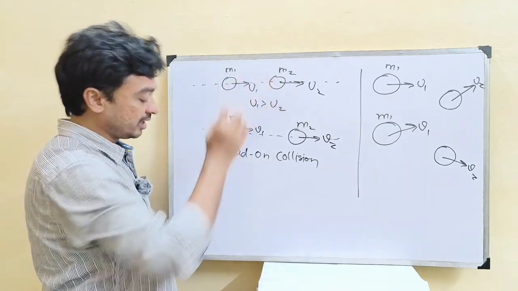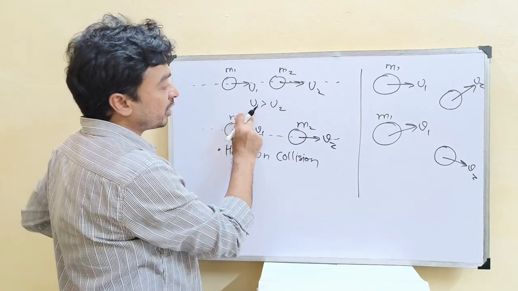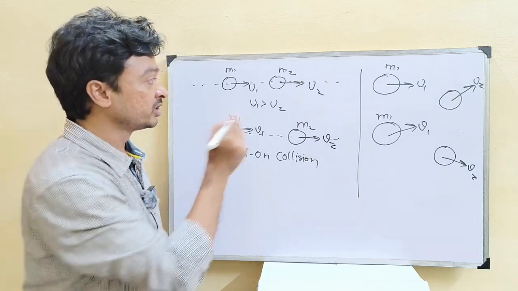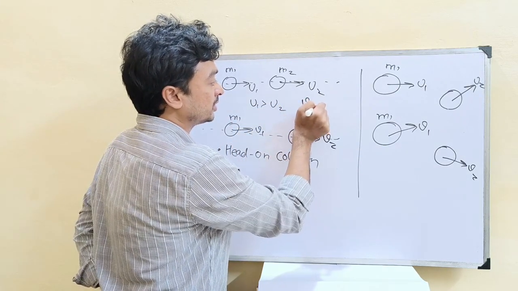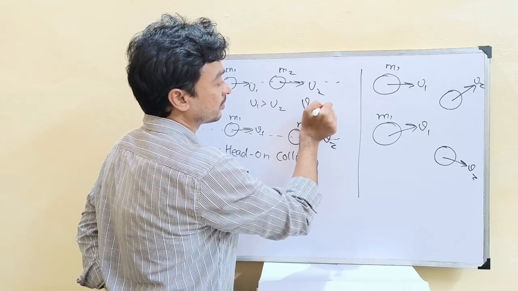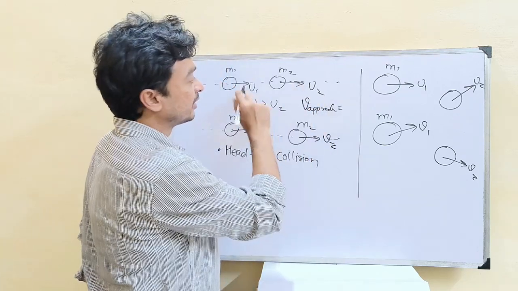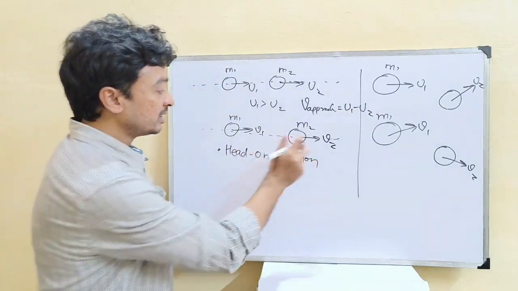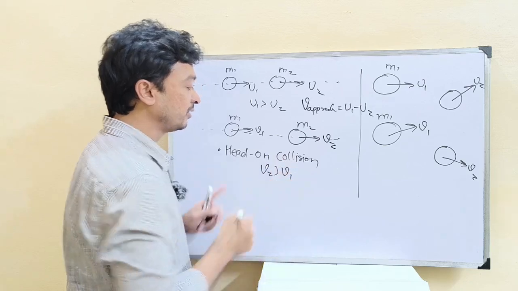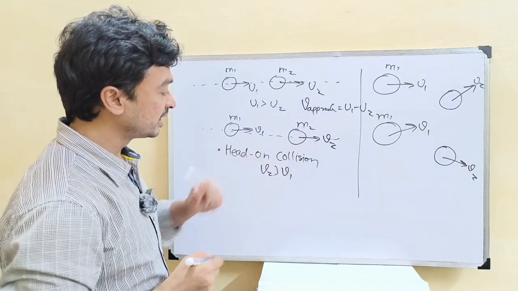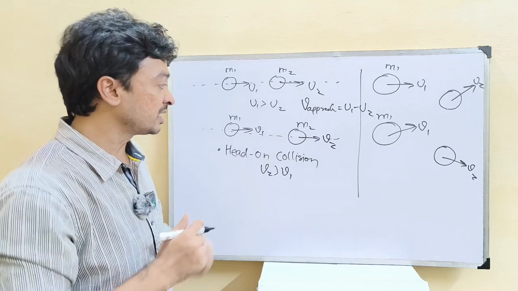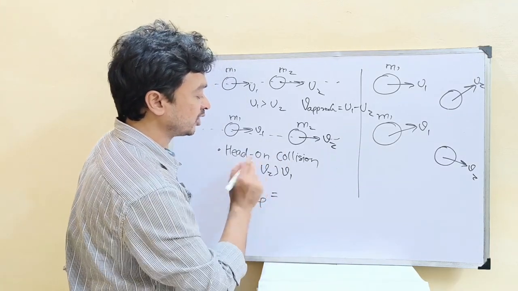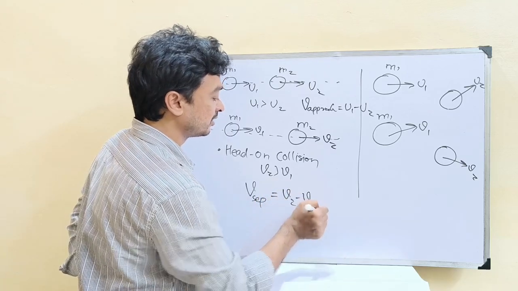If u1 is greater than u2, the velocity with which both objects are approaching each other is called the velocity of approach, which is u1 minus u2. After collision, v2 is greater than v1, so the relative velocity of separation is v2 minus v1.